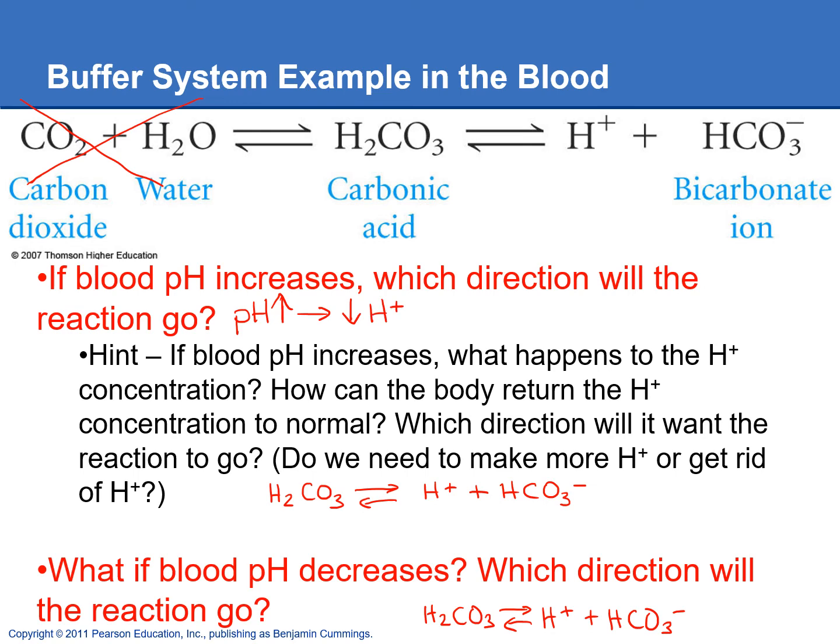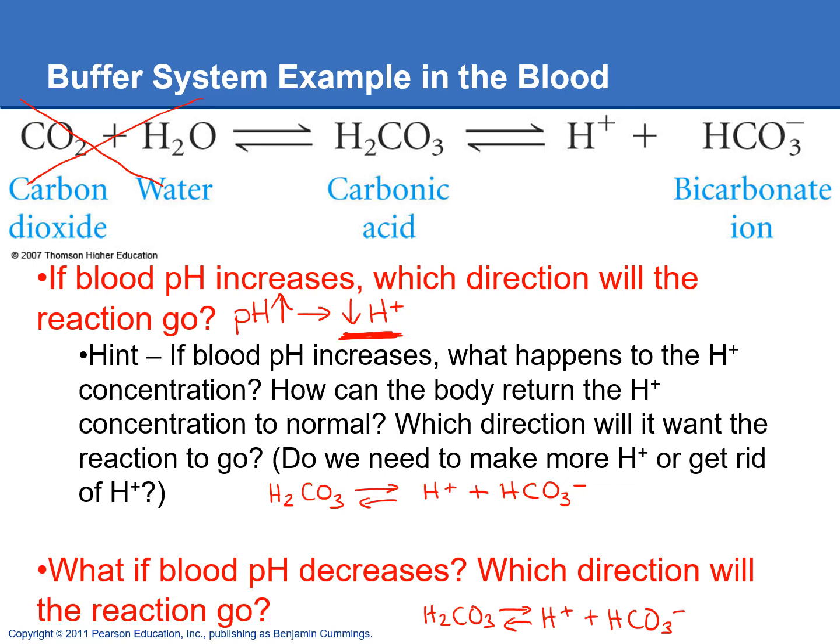The body's looking at that and says, hey, we're getting out of the normal range. My blood pH is getting too basic, so we need to do something with our buffer system here and get us back to the normal range. Our problem is we don't have enough hydrogen ions. They're too low. So which way do we want to make this reaction go to increase our hydrogen ions?